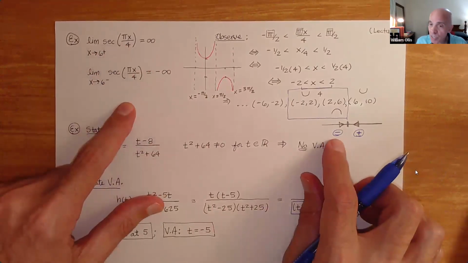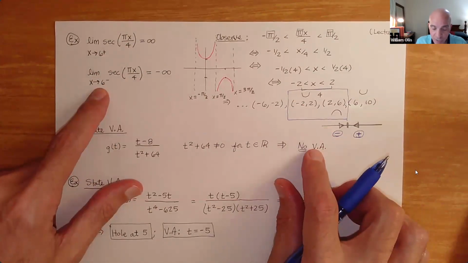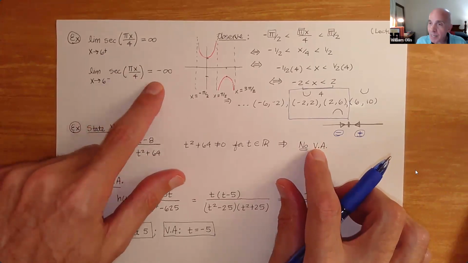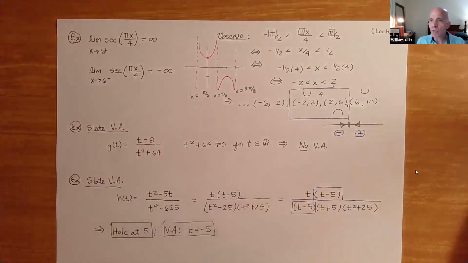And then, of course, using the arithmetic in our calculation here, the limit as x approaches 6 from the left of secant of pi x over 4 would be negative infinity. This is just a simple calculation using the trig functions you learned in pre-calc.